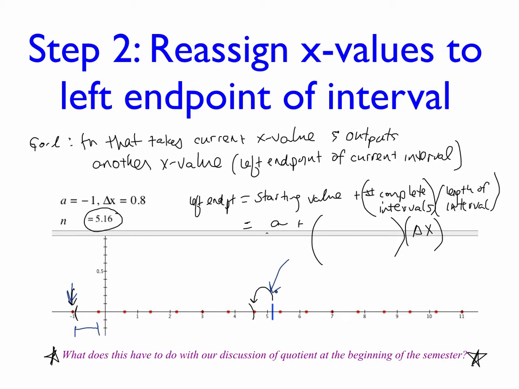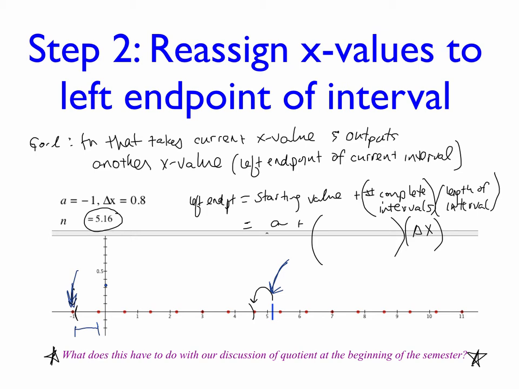And I'm trying to figure out how many complete delta x intervals fit within the space between the starting value and my current value. Does that remind you of something? Exactly, right? So this is why we did it.